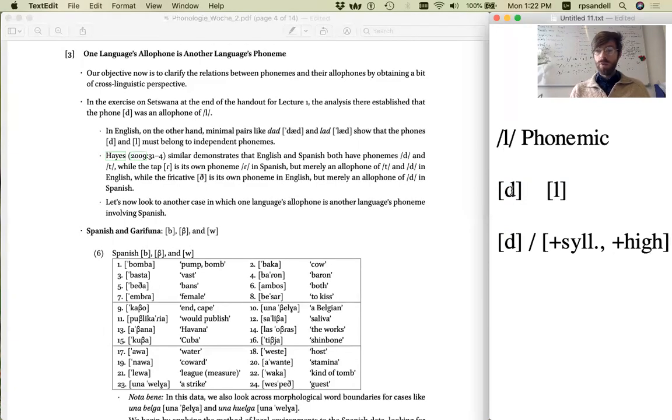So what we were able to determine for the Setswana language is that the two phones, da and la, are not contrastive. They are allophones of a single phoneme.